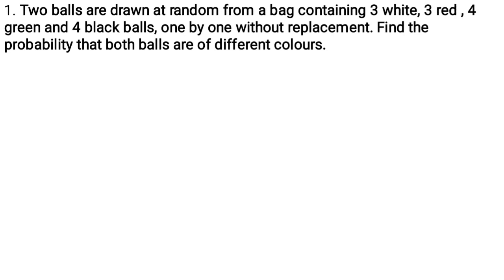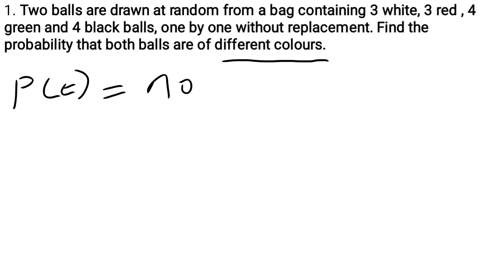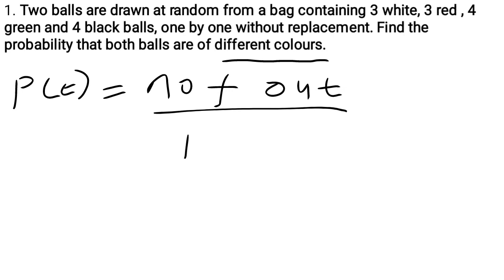So here, the tricky part of our question is saying that they are of different colors. Since it has different colors, the formula that we should use is the probability of E equals the number of favorable outcomes over the total number of outcomes.